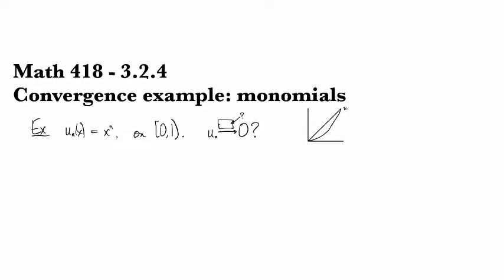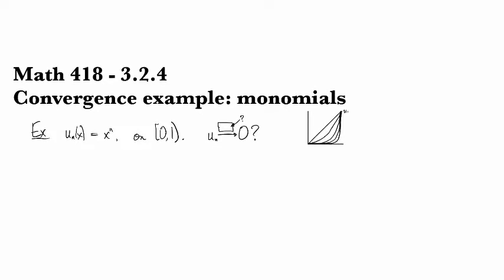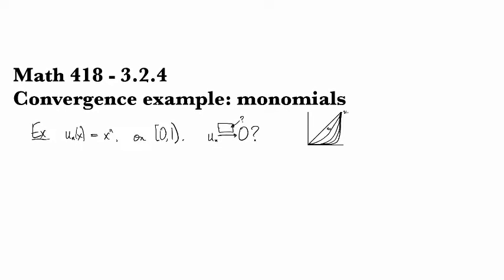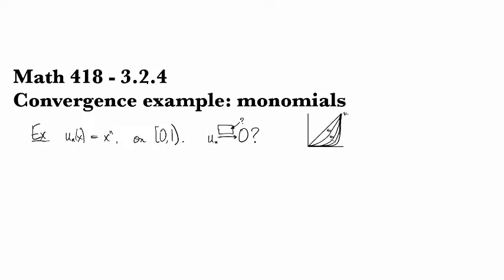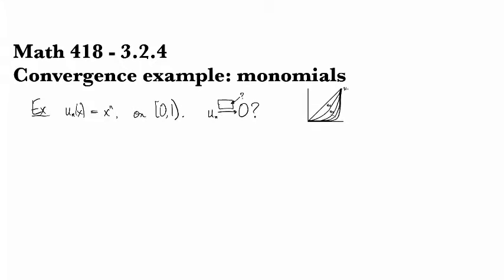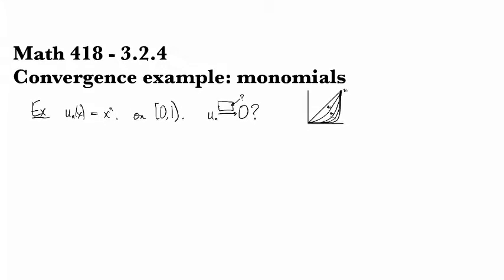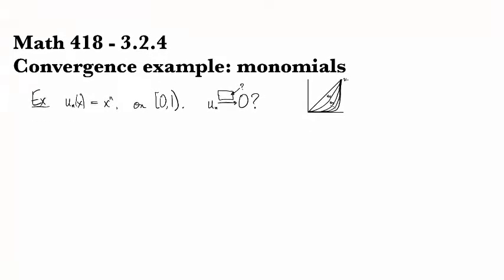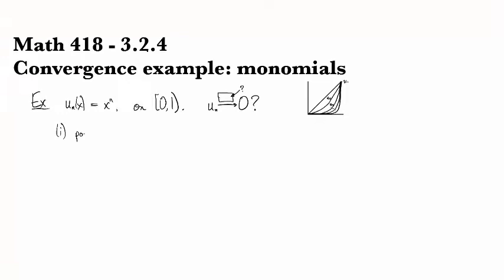So there's u2, and then u3 is going to be cubic, u4 quartic, quintic, etc. So we have u2, u3, carrying on this way, right? So that's the collection of functions that we're looking at. And so as you see, it looks like these things are getting closer and closer to 0. So let's ask the question, do these things converge to 0 pointwise?